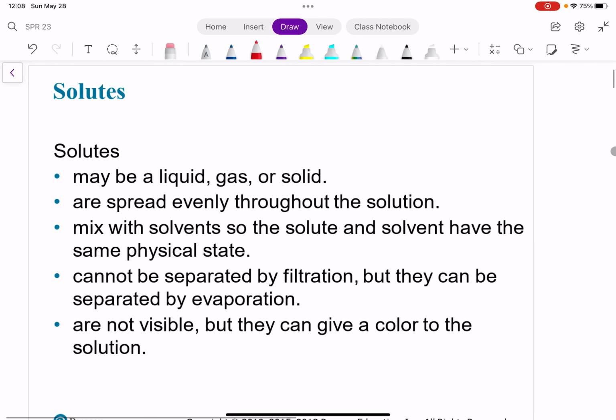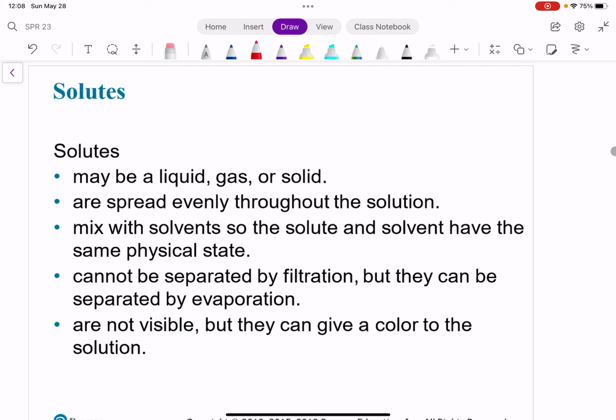So what are solutes? Remember, solutes are the things we're dissolving. Solutes can actually be a liquid, gas, or solid. A lot of times when we think about solutes, we think about solids specifically, like salt or sugar, and you're dissolving that into a liquid like water. But actually solutes can be liquids or gases as well.